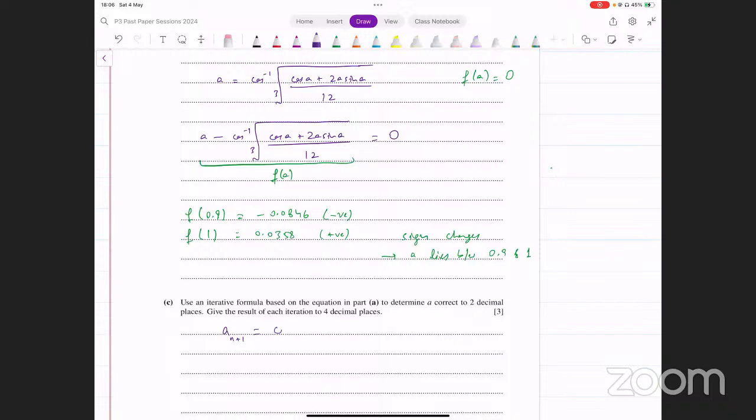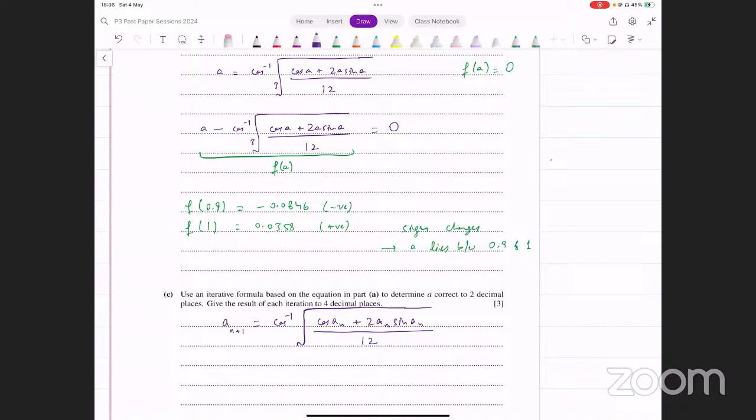A(n plus 1) becomes cos inverse of cube root of (cos of an plus 2an sine of an), and in the denominator, you have 12. Cos inverse of cube root of cos of an plus 2an sine an over 12. This is what we've got.